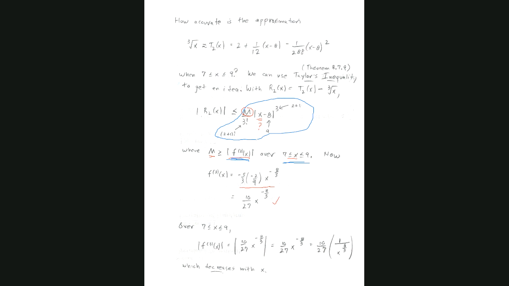It's the absolute value of the third derivative that I'm interested in. But because x from 7 to 9, those x values are positive, the absolute value of the third derivative here will just be the same as the third derivative. So we can take care of that little technical matter easily.